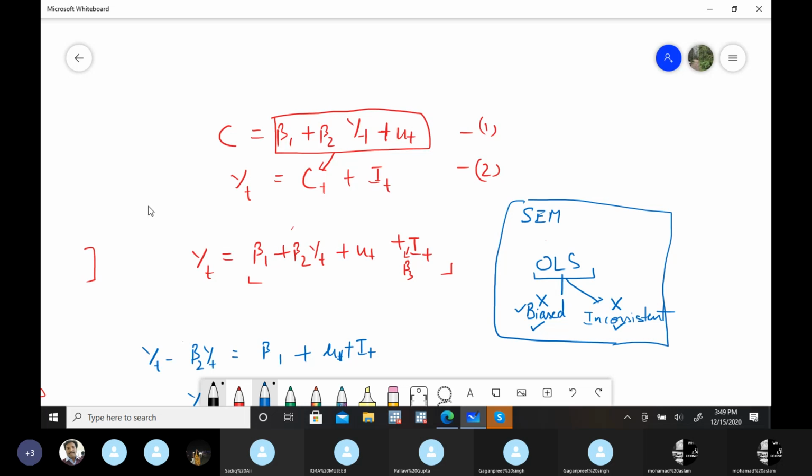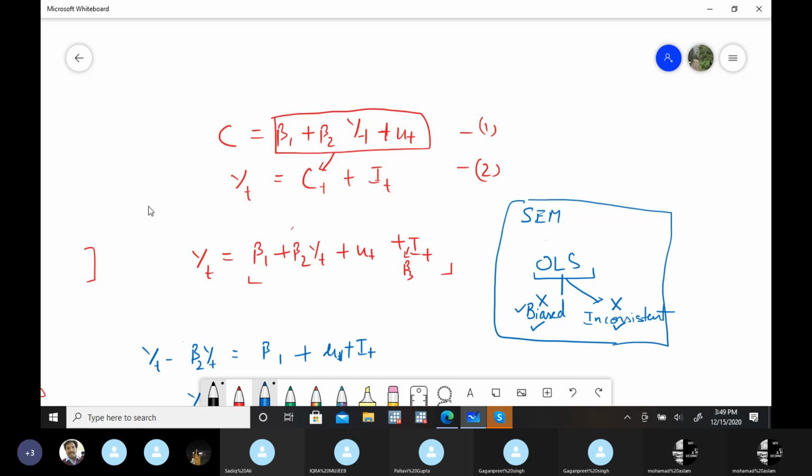In autocorrelation, again, the variance was the problem. In this particular case, not only is variance the issue, but results are biased. This was not the consequence in any of these cases, like heteroscedasticity, multicollinearity, or autocorrelation. But here, even this biasness is the problem.